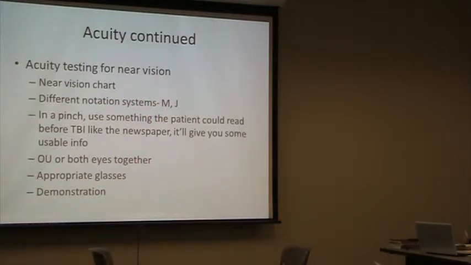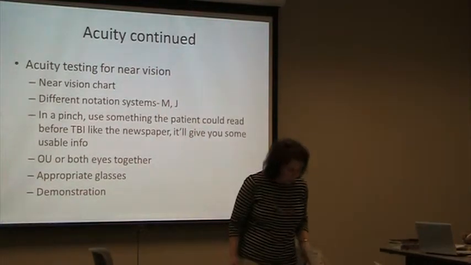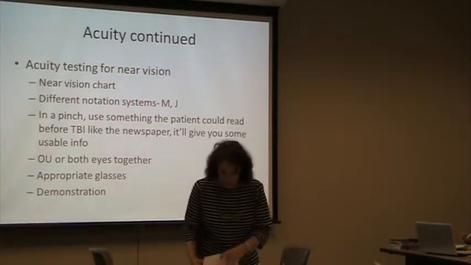And then, did I tell you guys about the different notation systems? There's M notation size, and that's what people use in the low vision world, for sizes of print. Newspaper size print, the text print, tends to be about 1 M. And if you look on that near vision chart as it goes around, it's an M notation. There's also something called J notation, and I was just reading about that.